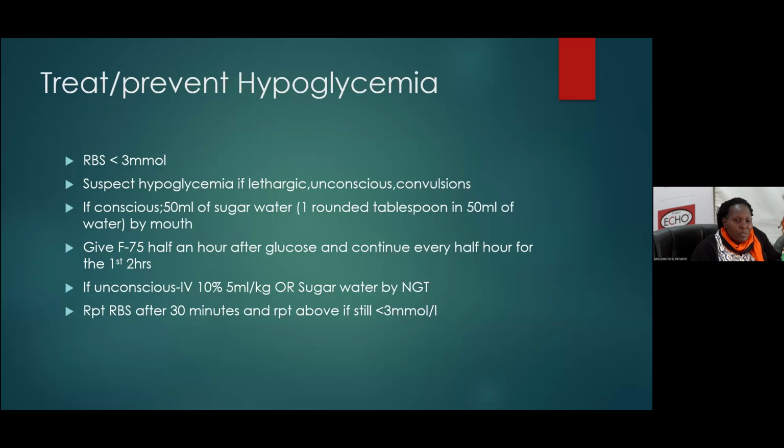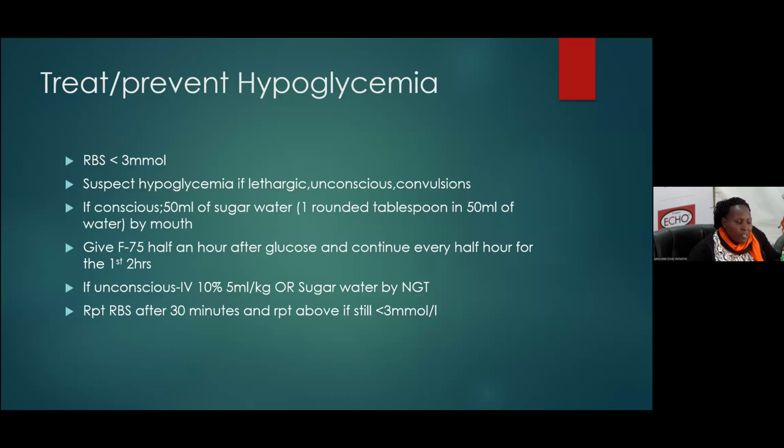So you should know the child might come with the condition or might develop it while on the ward. So what we want to do is to either treat it or prevent it from happening. Hypoglycemia is one of those things. I'm guessing each one of us on this call can define hypoglycemia.